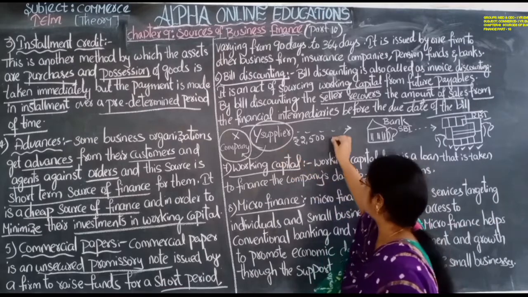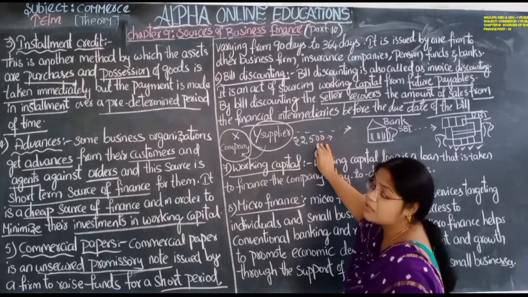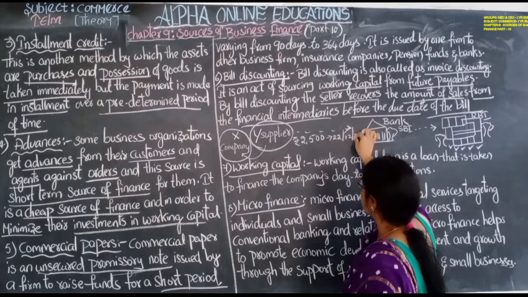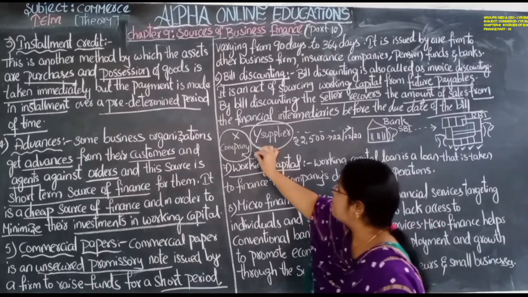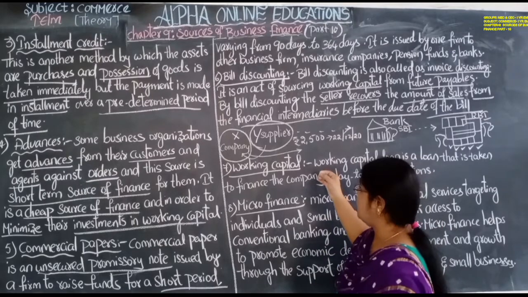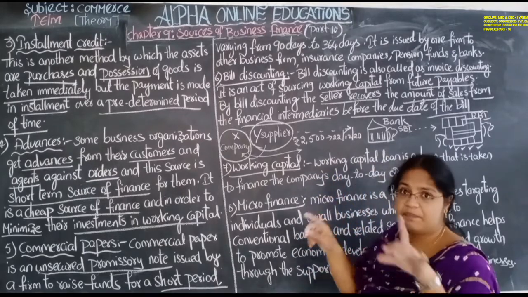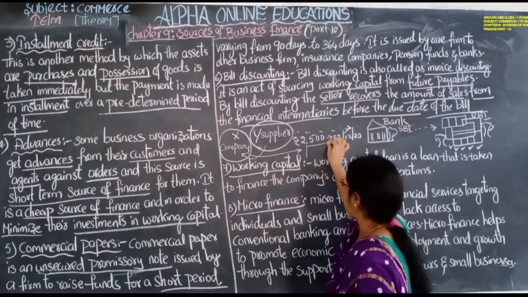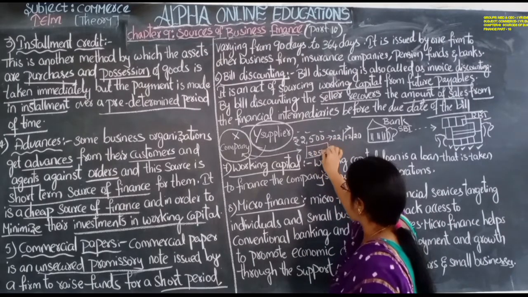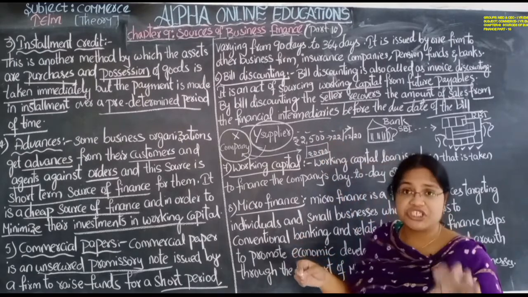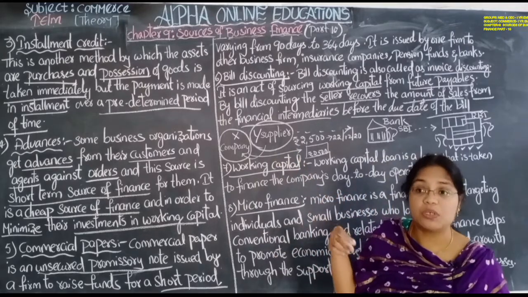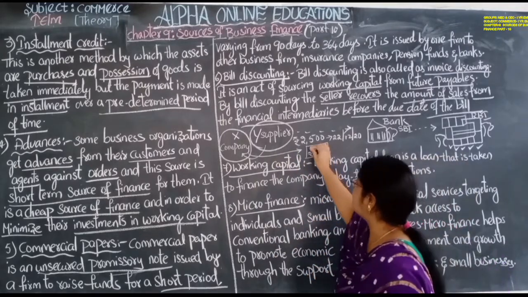When they purchased the 2,500 rupees goods on 22nd December 2020, the company gave a promise and prepared one bill. In that bill there will be the amount 2,500 rupees, and the date on which the supplier has to go to the bank and collect the amount is also a specific future date.